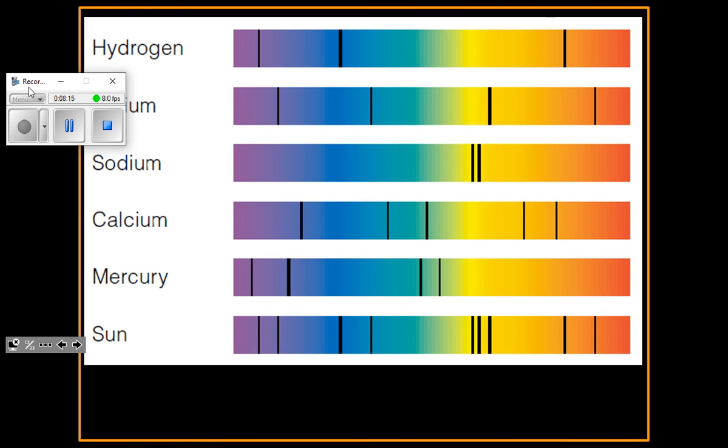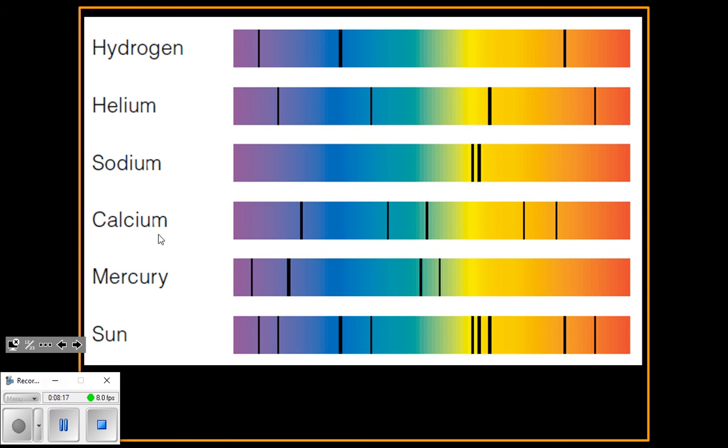So here we have, let me just move that down out of the way, here we have hydrogen. If hydrogen gas is present in a star in the outer atmosphere, then these three lines will be darkened out. So what happens is the continuous spectrum that was going through it has these three wavelengths, three colors, absorbed by the cool gas on the outside.